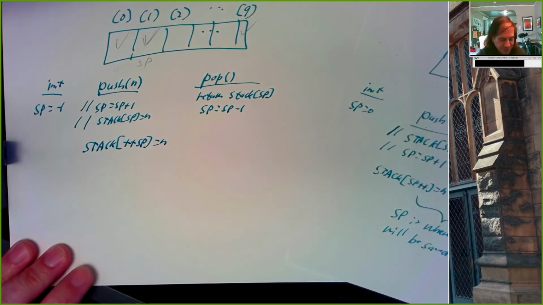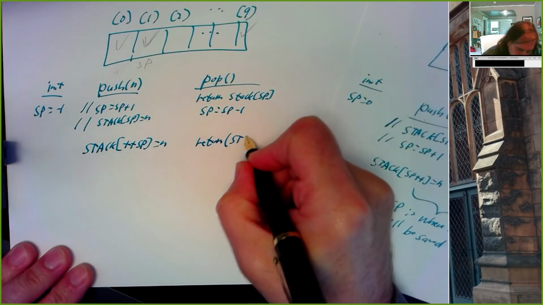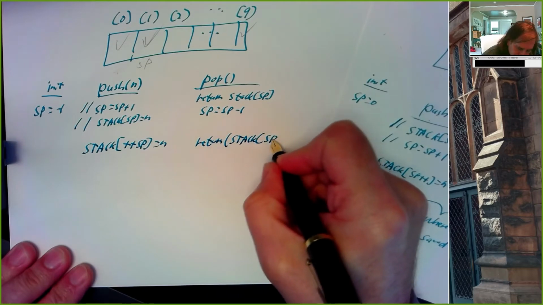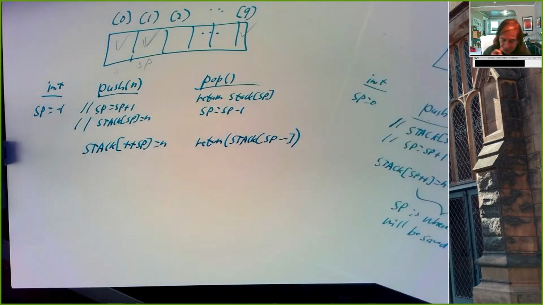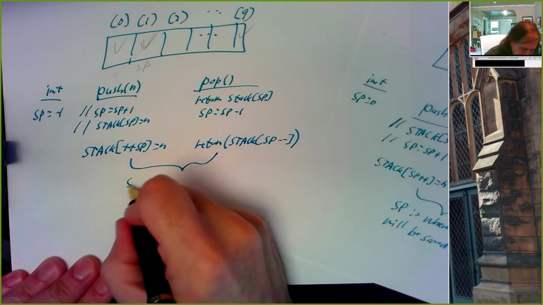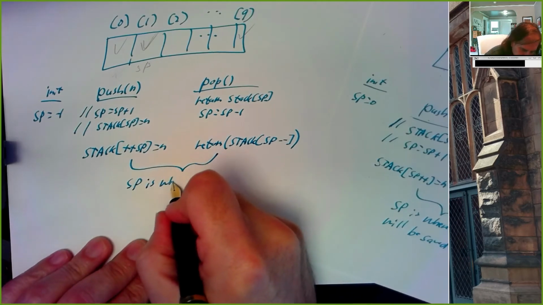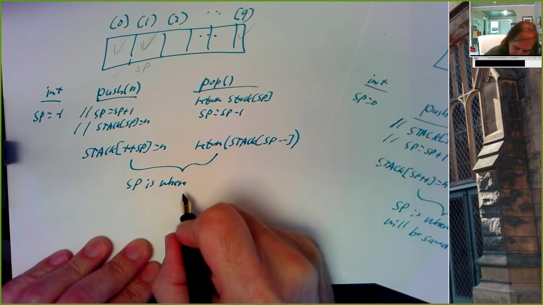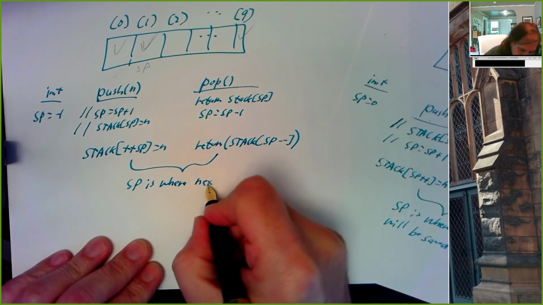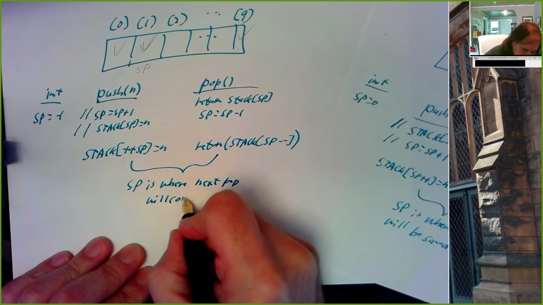We do a pre-increment, and this would be return stack bracket SP minus minus. We do a post decrement. And in this, SP is where the next pop will come from.